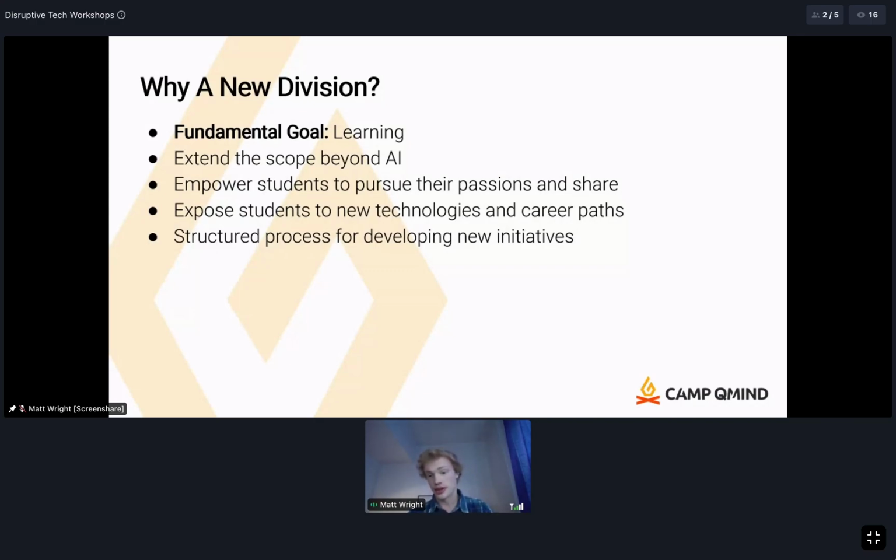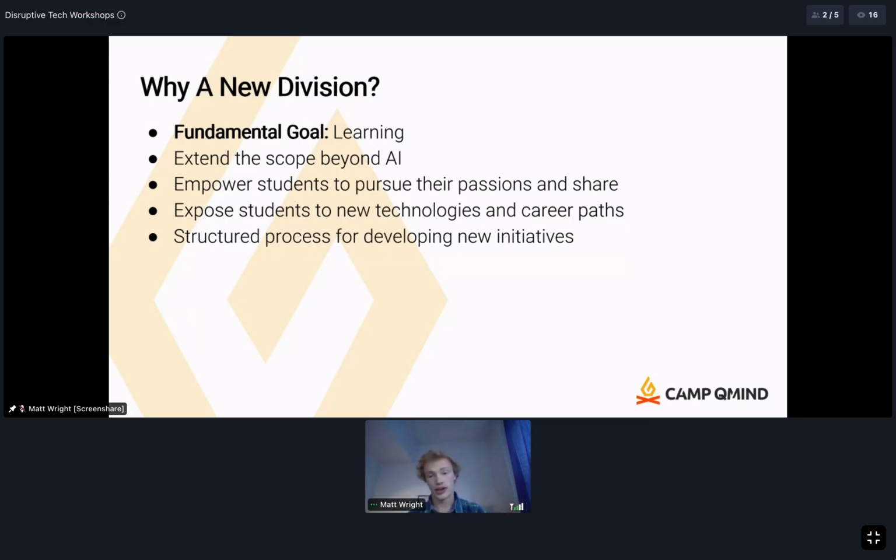And we want to build a structured development process so that when we have new ideas for new initiatives and new divisions within QMind, this division gives us a platform to develop those ideas and gain some traction before we make a whole new division or club.